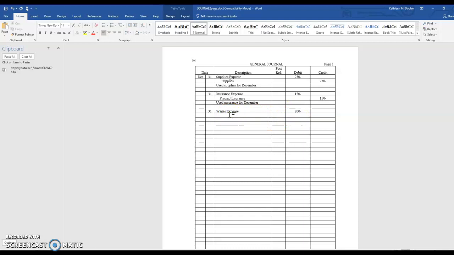And credits come second and are indented. We used the employees at end of December.